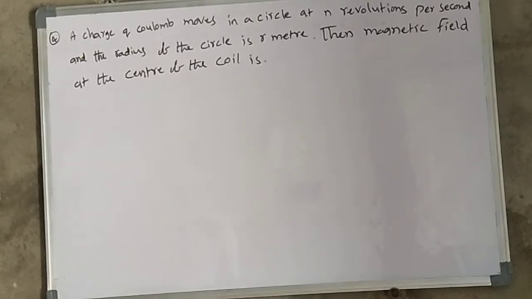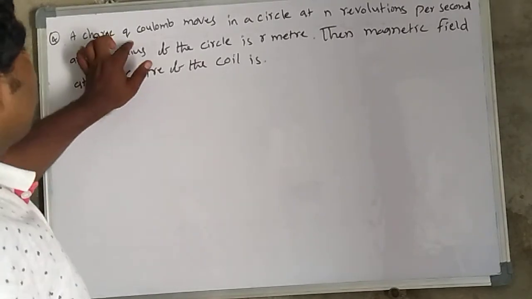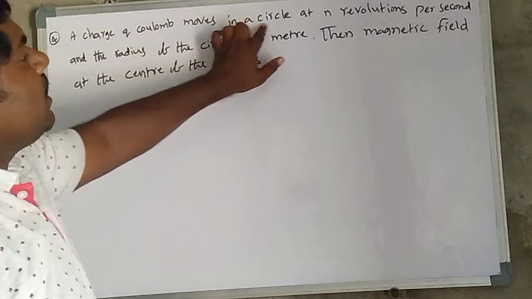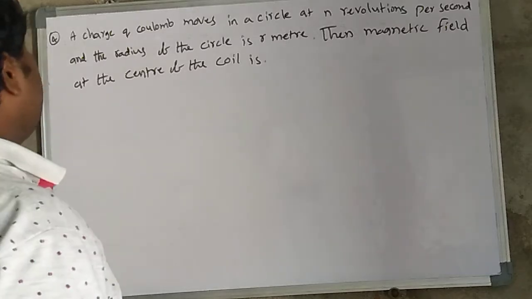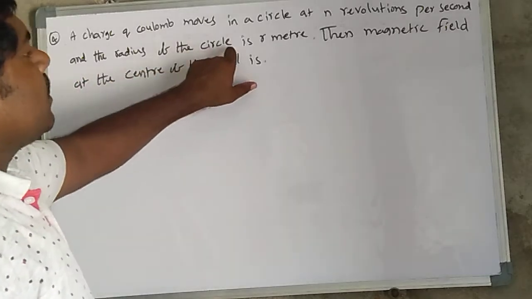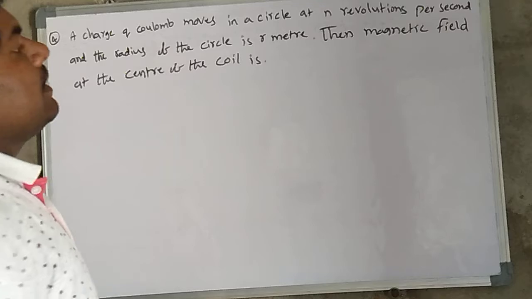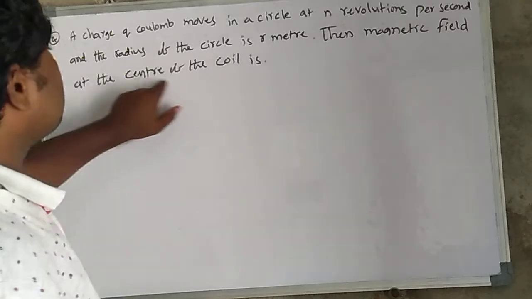Another important model: a charge Q coulomb moves in a circle at n revolutions per second, and the radius of the circle is r meter. Then what is the magnetic field at the center of the coil?